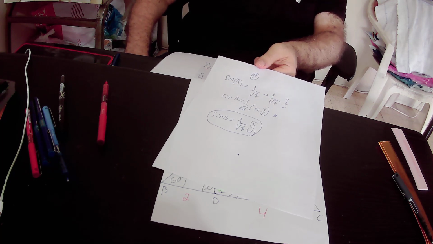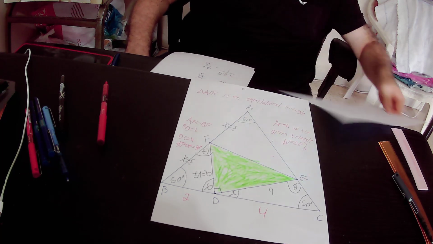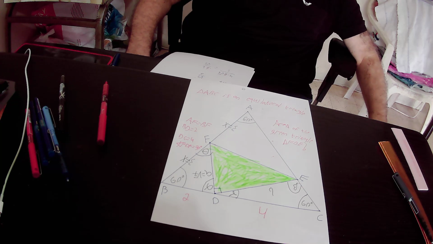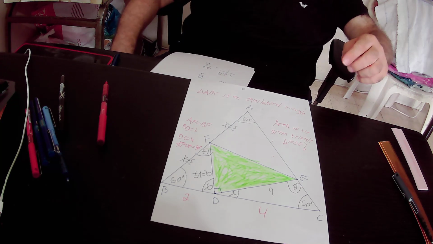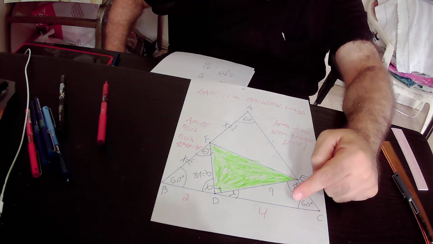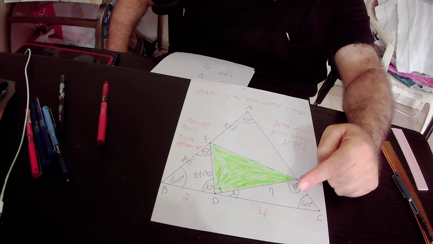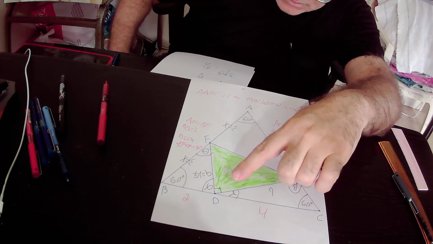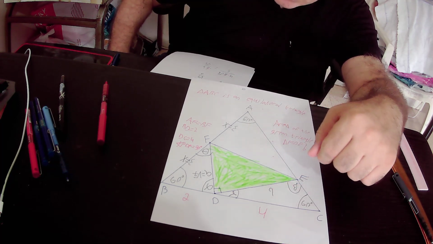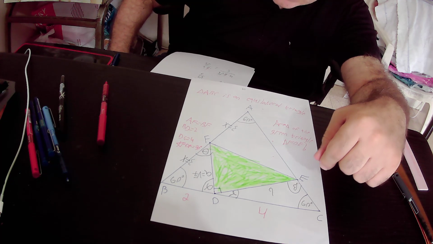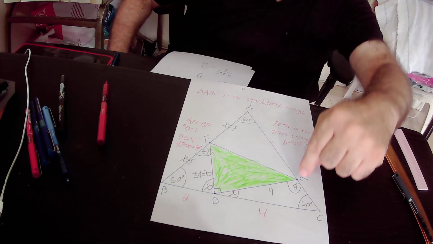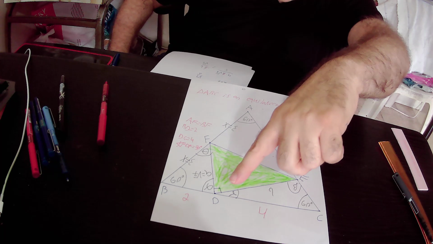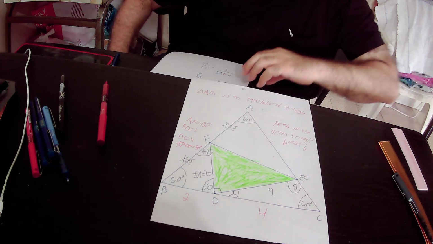After we found out the value of sine beta, we focused on triangle DEC. We used the law of sines in order to find out the value of DE, that is B. According to the law of sines, DC over sine beta equals DE over sine 60 degrees.